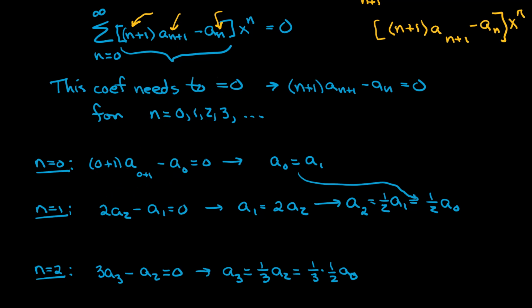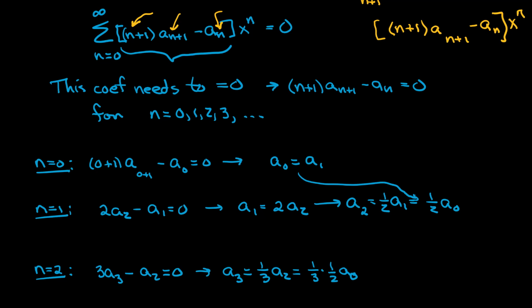Okay, so we've seen where those terms come from. And it's going to equal 0. Why is it 0? Well, in order for this sum on the first line on the screen to equal 0, the coefficients need to equal 0. They need to add up to 0 for n equals 0 up through infinity, which is why we will in each case say, you know what, that coefficient better be 0.